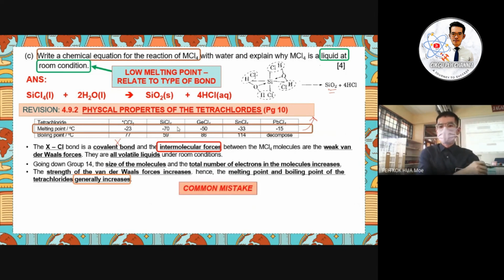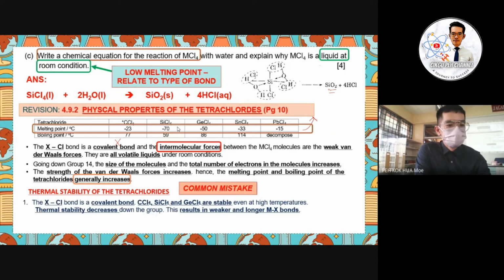As I mentioned just now, we will discuss about the bond between X and Cl. But the X and Cl bond is actually the covalent bond. So the group 14 tetrachloride is actually simple molecule. If let's say we want to break the XCl bond, it also needs a lot of energy.